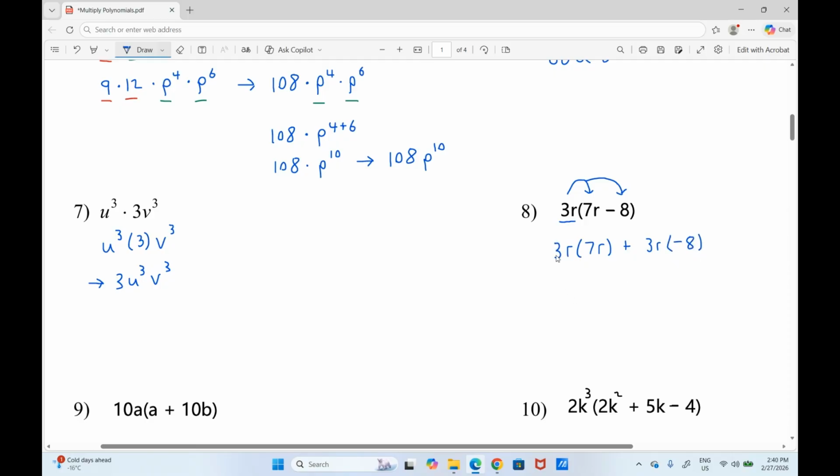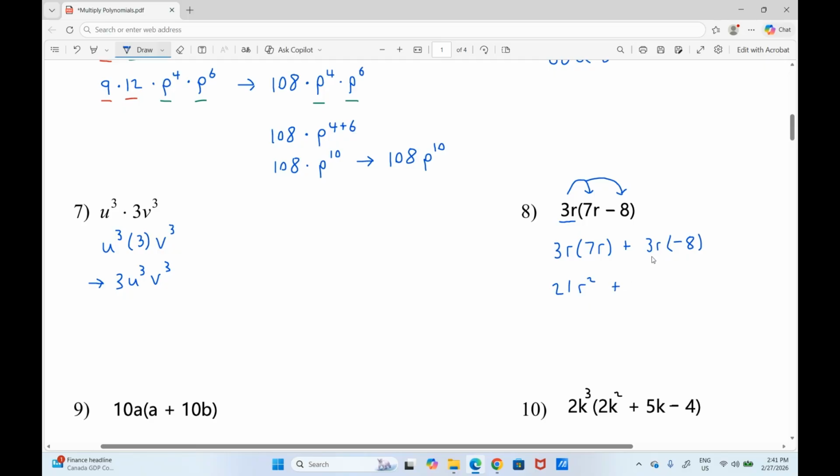So in this case, 3r times 7r, first let's multiply the numbers. 3 times 7 is 21. Now r times r, remember there's an invisible 1 as the exponent for my variable. So this would be r to the exponent of 1 times r to the exponent of 1. Because I have the same base, I can add the exponents together. So this would be r to the exponent of 1 plus 1. And 1 plus 1 is 2, so this should be r to the exponent of 2. So r squared. So I have 21r squared.